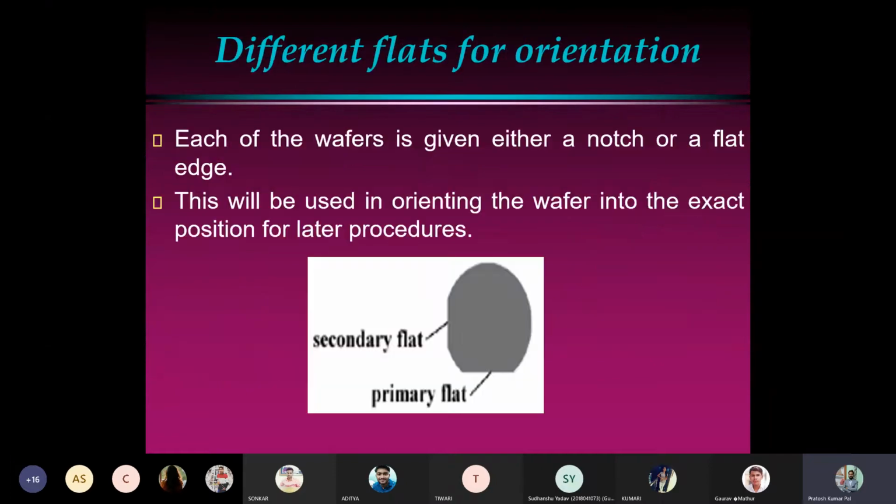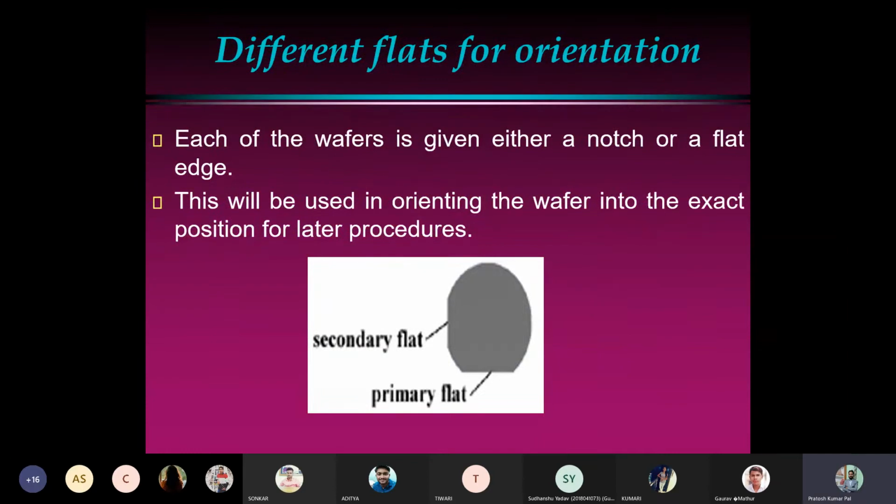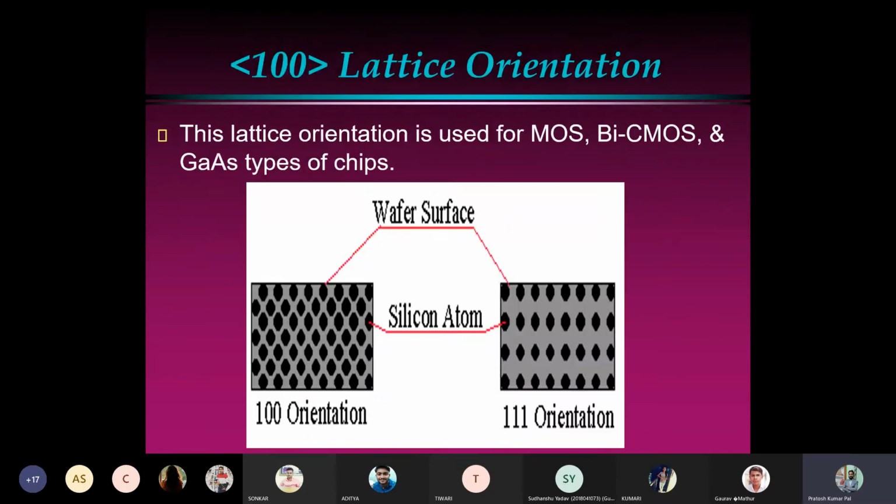Okay, so we will see the different processing steps required for processing or preparing a wafer. Before that, one point is the different orientations of a wafer. There are different types of orientations of atoms of a crystal that are considered here.